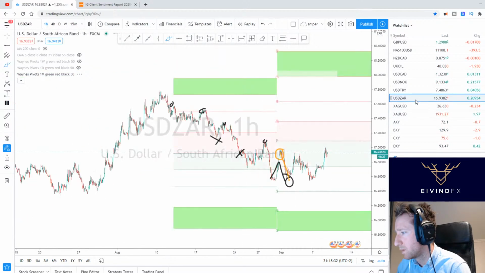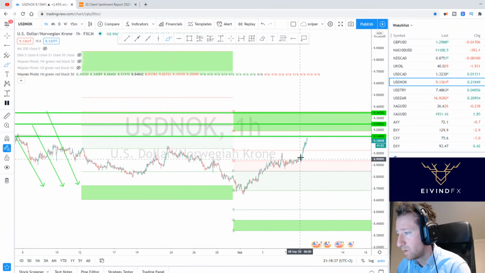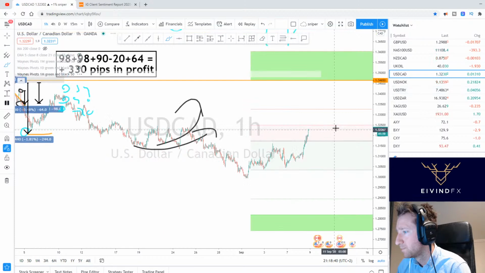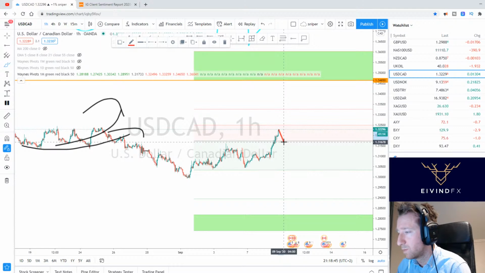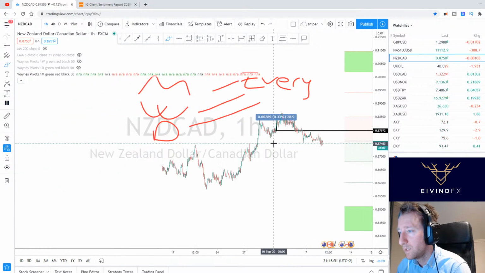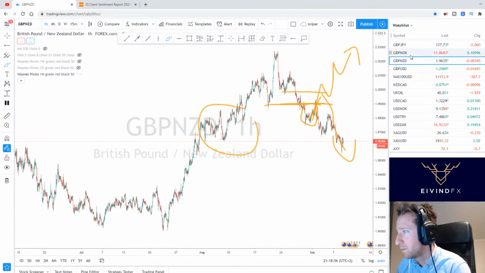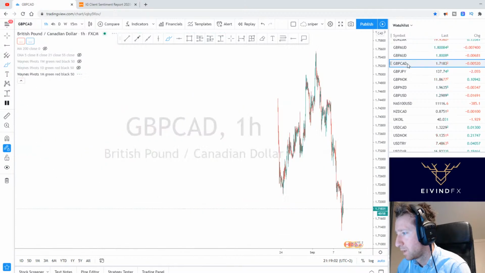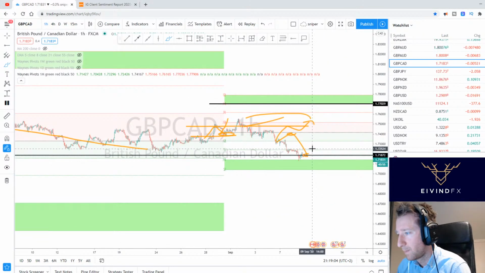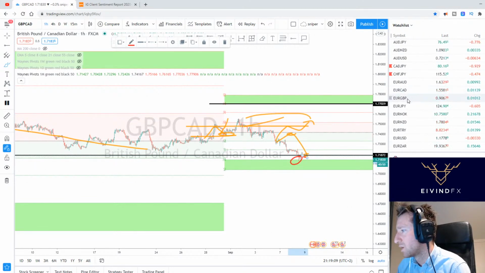Gold, no. USD, no. USD NOK could have been something, but it's not really today. USD CAD, if you really want to, you can look for a buy around 31.60 and then up. New Zealand CAD. Pound dollar, no. Pound New Zealand, no. Pound Aussie, pound CAD. So pound CAD is already taking profit for the month. Okay, so not really much to do.